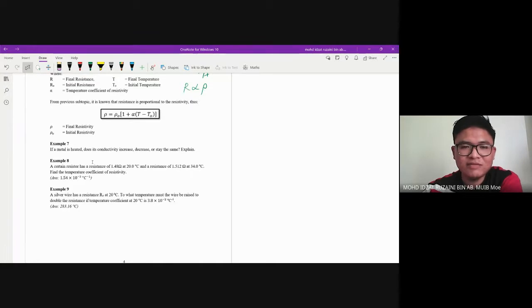Boleh faham kan conductivity apa dia kan? Conductivity ni kalau kamu search Google lah kan, dia ialah ability of the material to flow ataupun to conduct the current. So dalam kes ni apa dia? Memandangkan kita punya resistance tinggi, maka elektron susah nak bergerak, maka current pun akan semakin kurang.